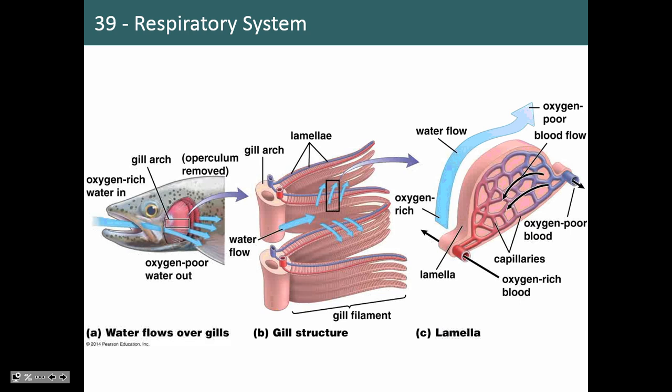When a fish brings fresh water into its mouth, both with food and for the purpose of breathing, some of that water pushes out over the gills and then out along the side of the body. The gills are made up of several layers of finger-like structures called lamellae, again maximizing surface area. As the water flows over those structures, oxygen is absorbed in, carbon dioxide is dumped out.